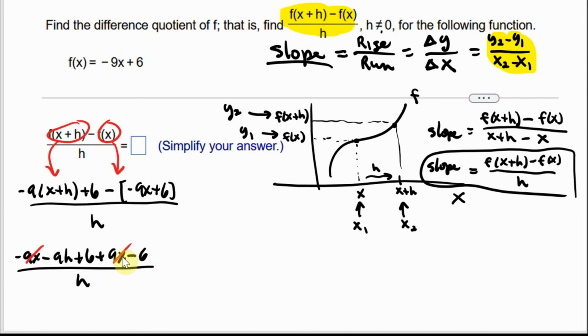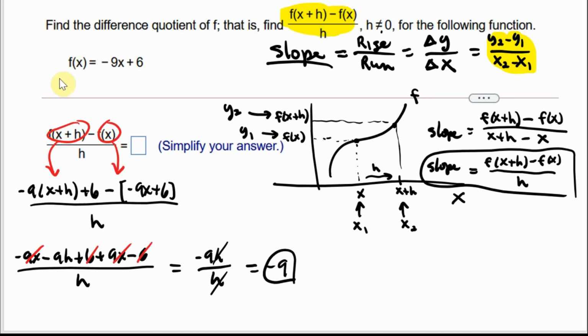Negative 9x plus 9x cancels, 6 minus 6 cancels. So I have left negative 9h divided by h, then the h's cancel. I have left just negative 9.